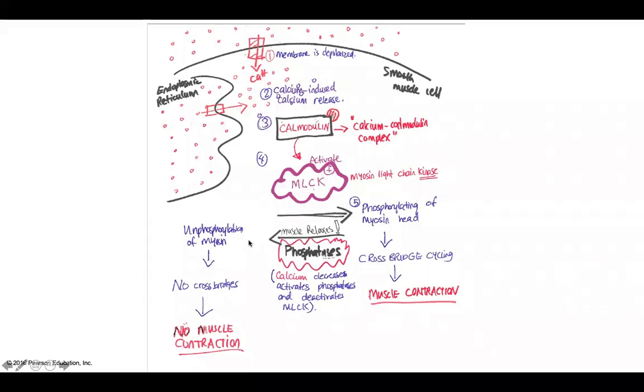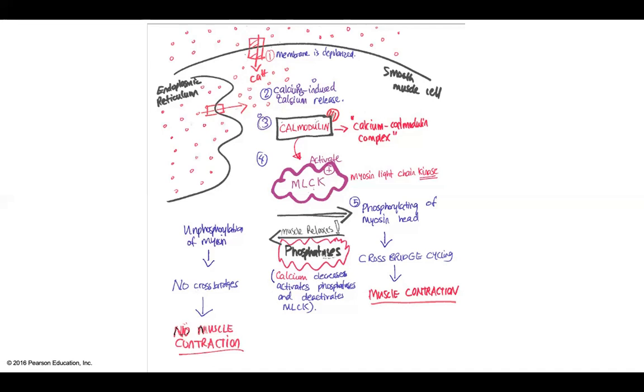So MLCK not turned on generates phosphatases, which unphosphorylate the myosin head, and that results in no muscle contraction. So MLCK phosphorylates the myosin head, phosphate cycling happens, muscle contraction happens. If there's no calcium in the sarcoplasm, we deactivate MLCK, phosphatases take over, we unphosphorylate the myosin head, no cross-bridge cycling, and no muscle contraction.